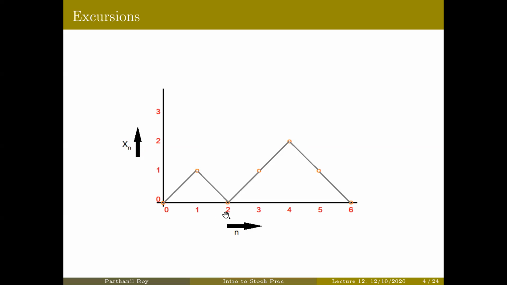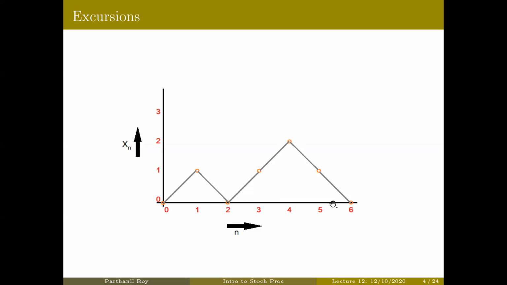This is just a way of representing the Markov chain. Say at time 2, it comes back to 0. Then I'll put a point at (2, 0) and join this line. Similarly, at time 3, the Markov chain goes to 1. At time 4, it goes to 2. At time 5, it comes back to 1 again. And at time 6, it goes to 0.